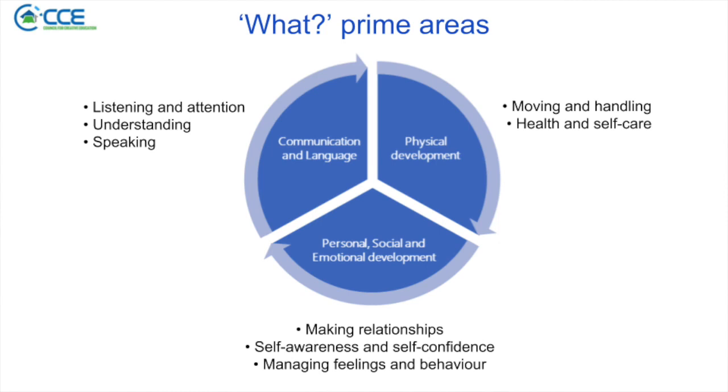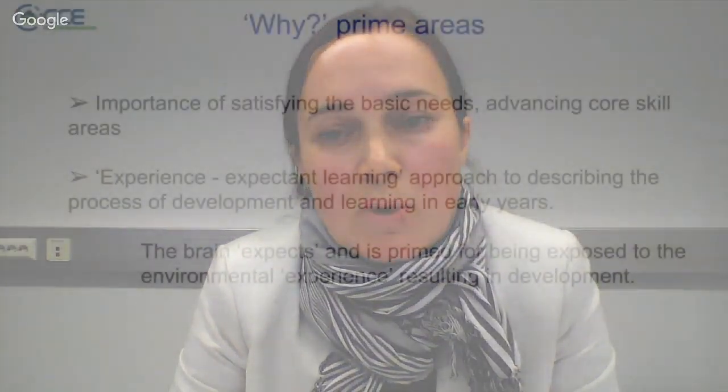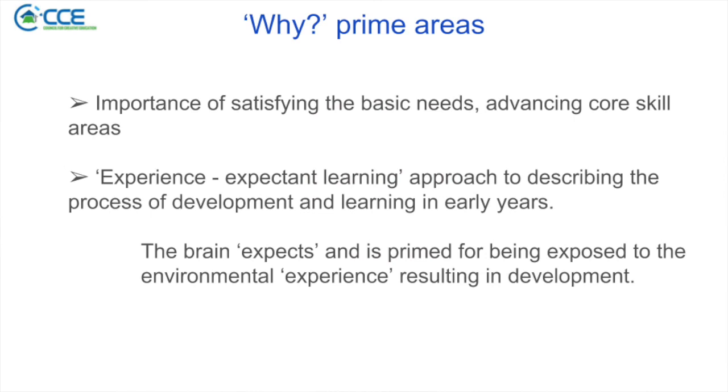So keep in mind the prime areas, and we will now consider why do we talk about these prime areas. We should understand that, of course, in the first place, we have to satisfy and meet the basic needs of the child, and we have to advance his core skill areas. So this is why we talk only about these three prime areas.